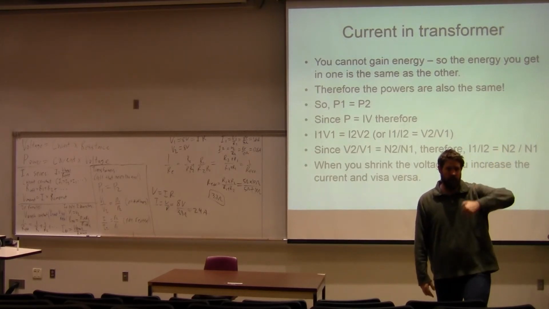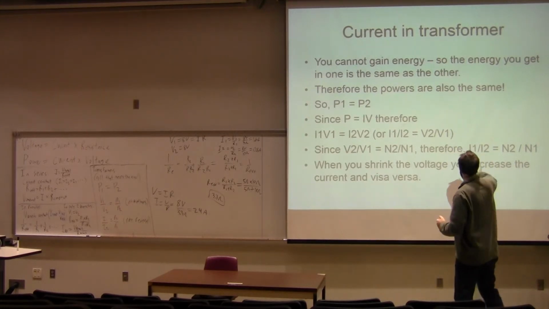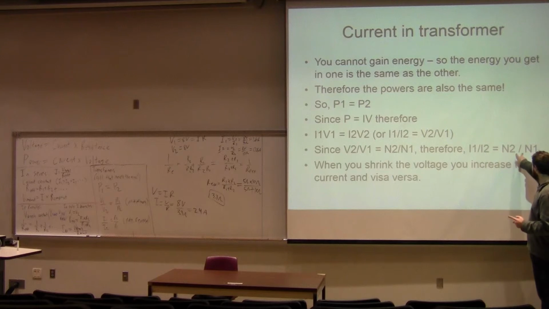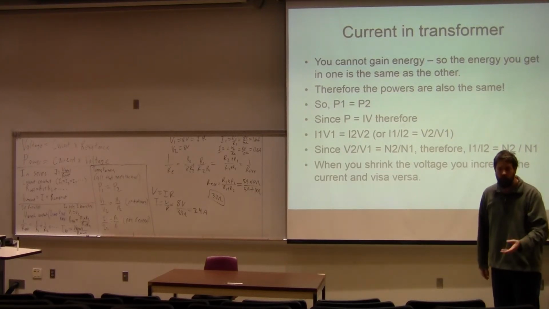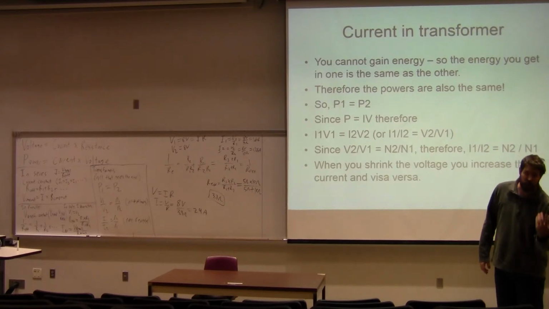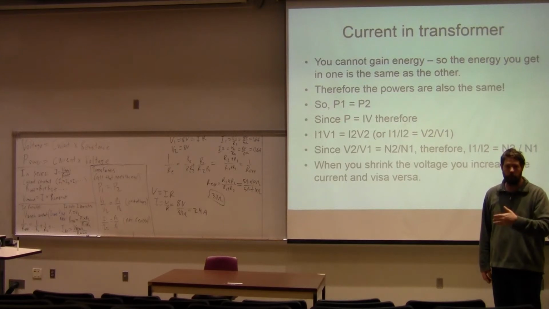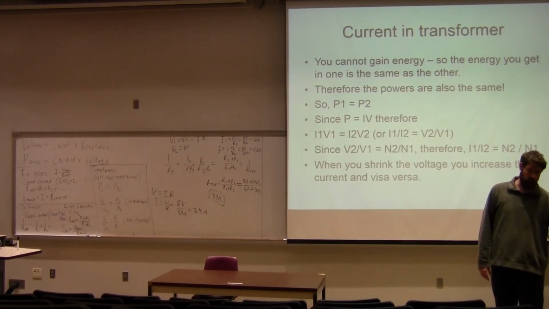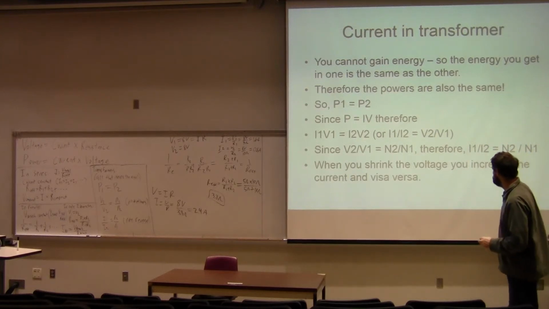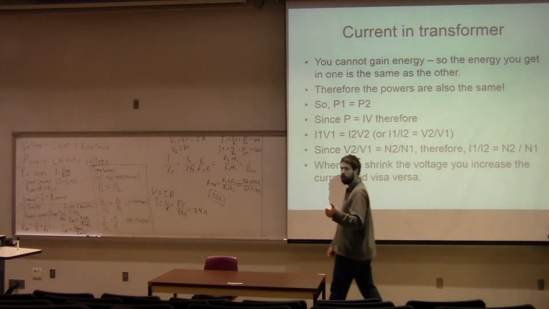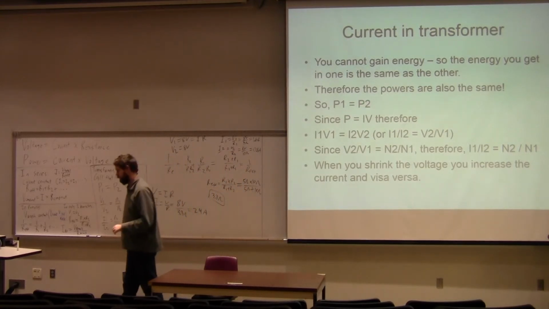If my voltage goes down, my current has to go up. So the ratio of the currents is the inverse of the ratio of loops. If I have 3 times more loops, I have 3 times less current. If I have 3 times fewer loops, I have 3 times more current because I have 3 times less voltage. So voltage times current is a constant. Increase the voltage, decrease the current. Decrease the voltage, increase the current.